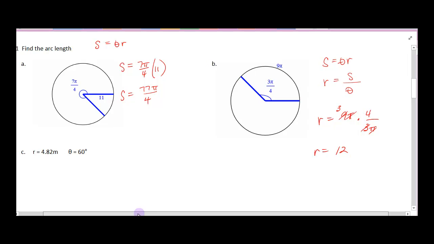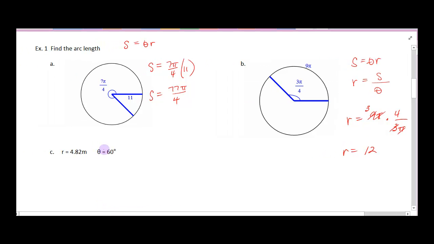Okay, the last example let's look at together is over here. This is example C, and I'm given what the radius is and what theta is. The radius is 4.82 meters.